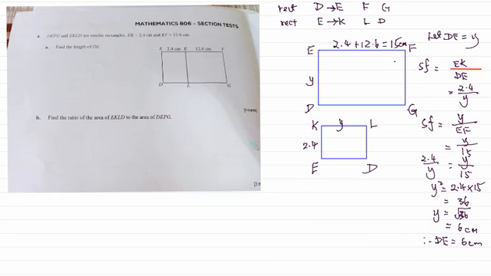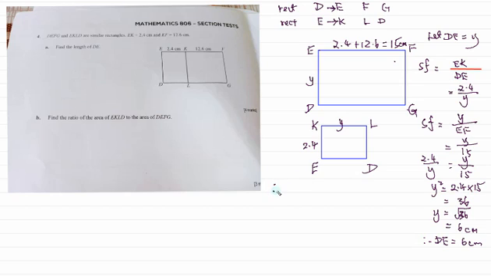Okay, now let's talk about comparing the area. If you compare the area, the ratio must be equal to the scale factor squared. Let's go back to how we defined the scale factor: the smaller one over the bigger one.